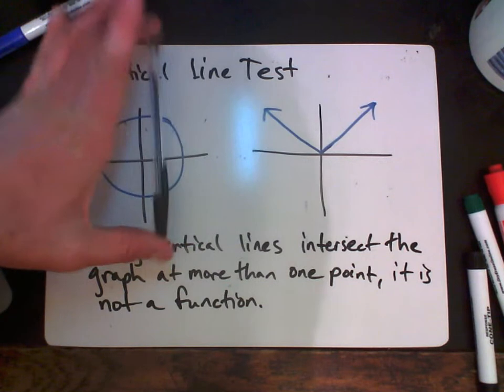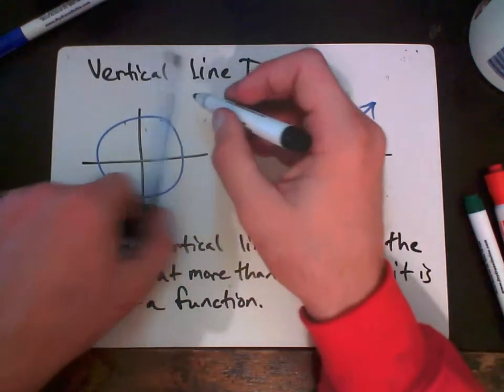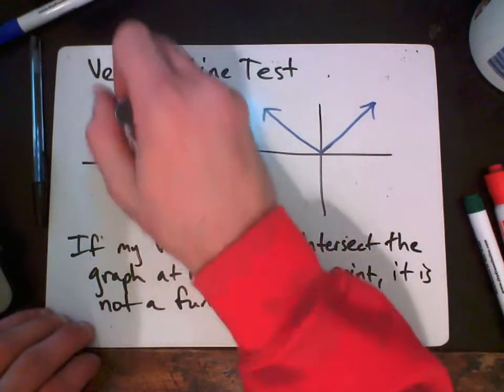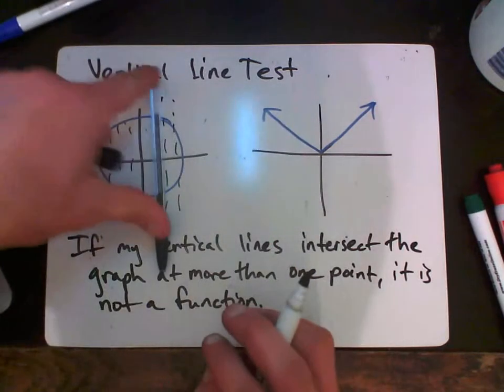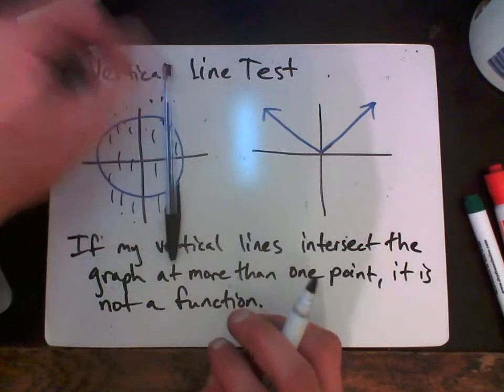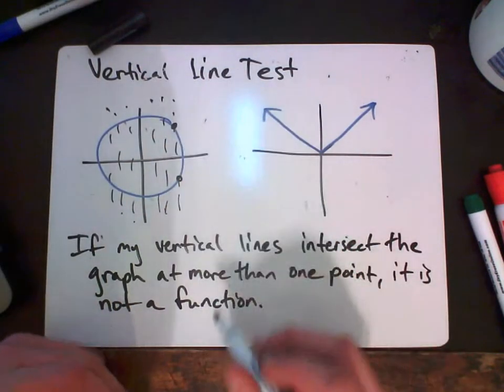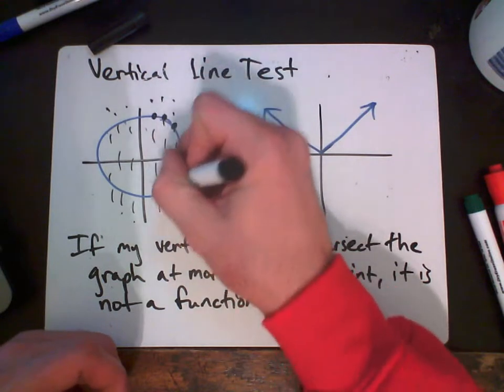Your vertical line tester is going to come across your graph and see, let's see here, my vertical lines, ding, ding, ding, ding, comes down, making some arbitrary lines here. Try this first one. Does my vertical line intersect the graph at more than 1 point? Here and here? It does. Over and over and over.